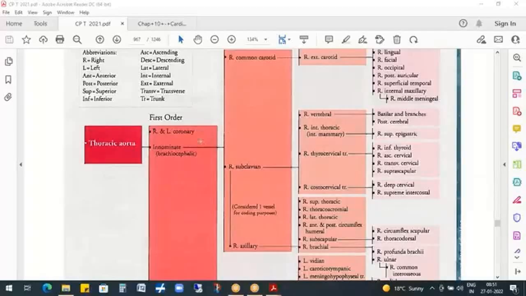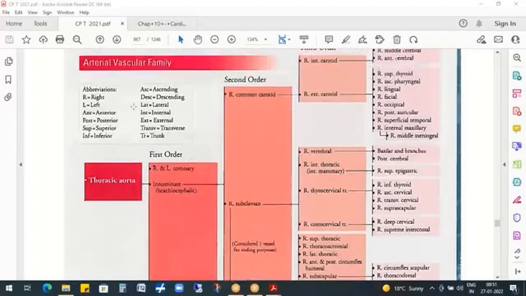Okay. Can you see the abbreviations on my screen? R for right, L for left, ANT for anterior, POST for posterior, SUP for superior, INF for inferior. If there is any acronym, try to see this box to understand the meaning of that acronym. Understood? ASC, DESC, LAT, EXT, like that.